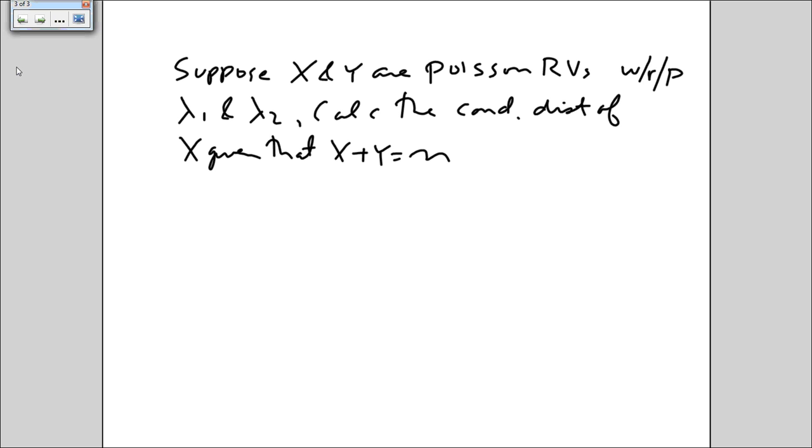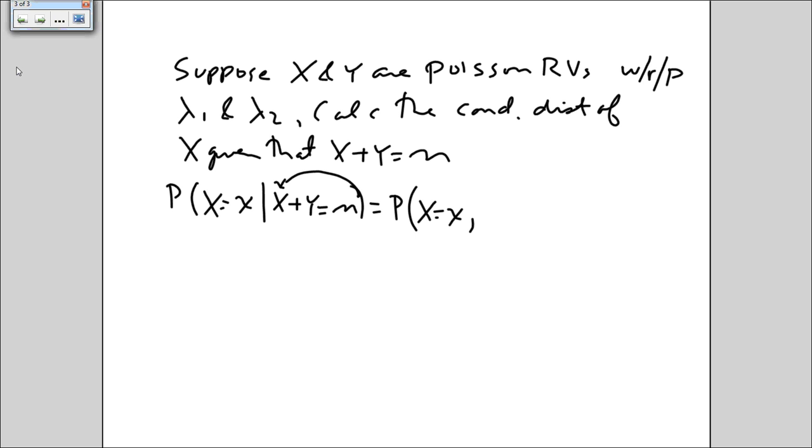This is exactly what we want to know: what is the probability that x equals something given that the sum of the random variables is n? Well, this is a conditional, so it's the probability that x is little x and, bringing that over to the other side, y is n minus x.